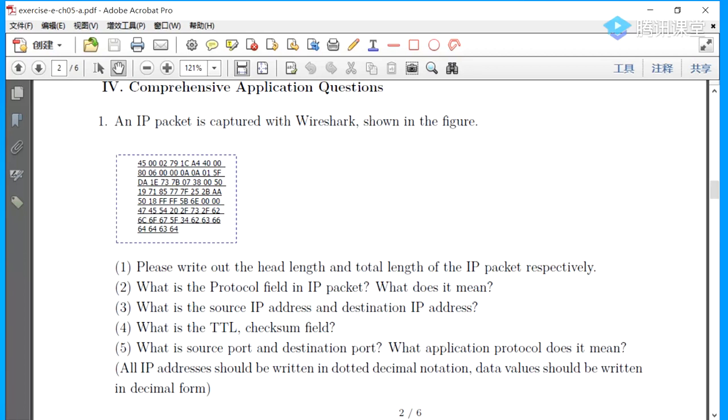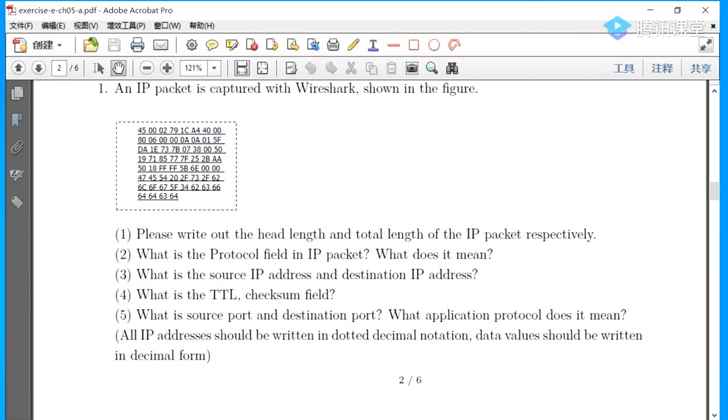What is the source IP address and destination address? Okay.